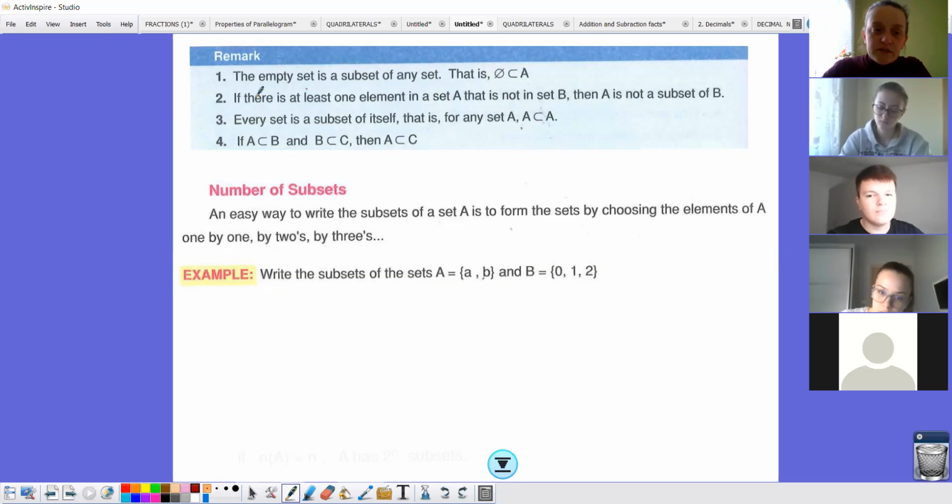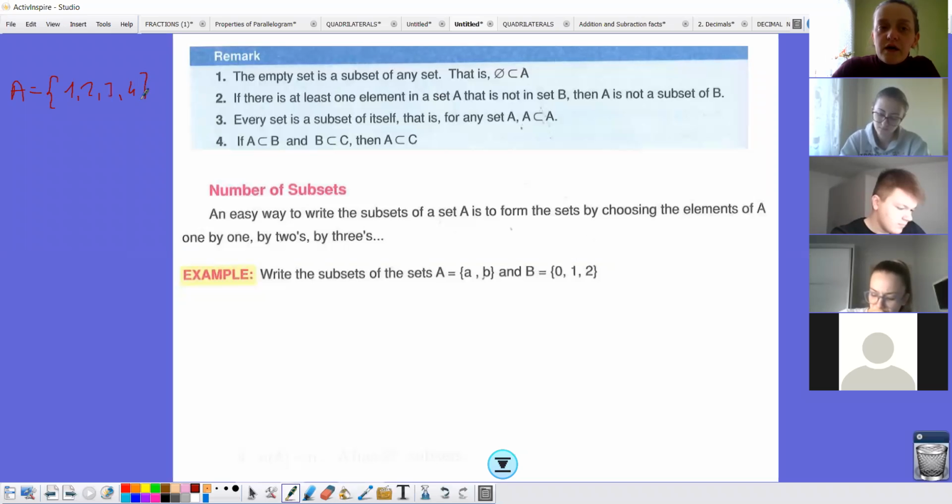For example, let's write a set A = {1, 2, 3, 4} and a set B = {1, 3, 4, 5}.